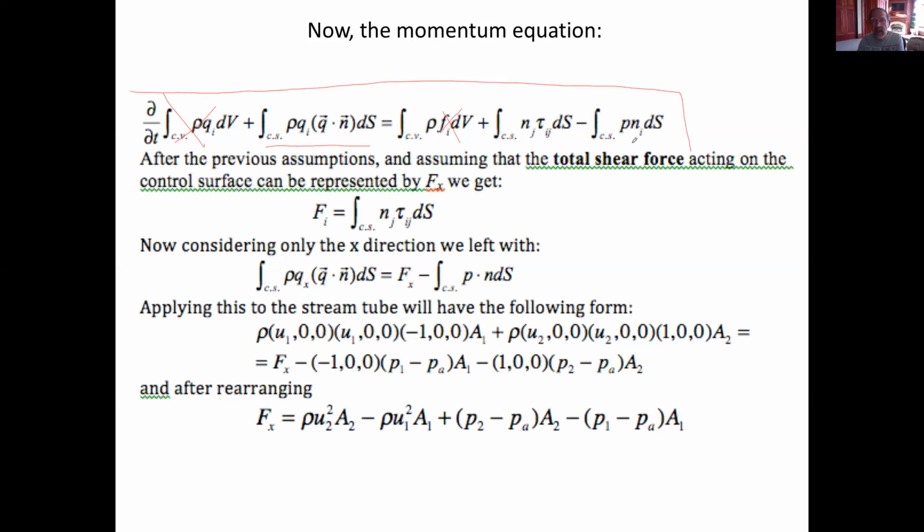And then this one is pressure; we'll show how it is done. Here we're trying to replace it with a single force Fx, which is a result of the shear acting on the control volume. Therefore, for our case of the stream tube, I can write the equation down like this.